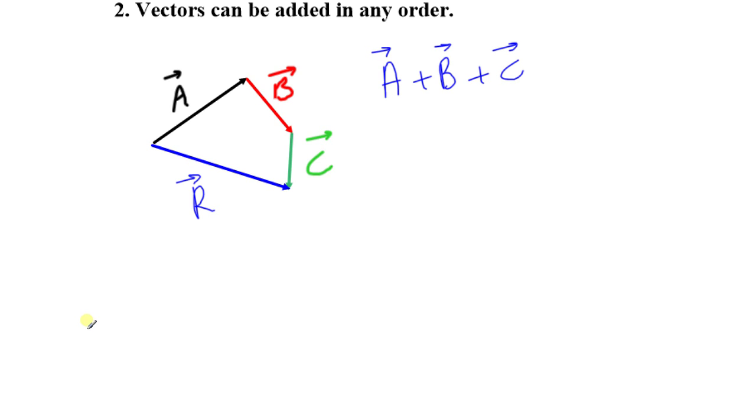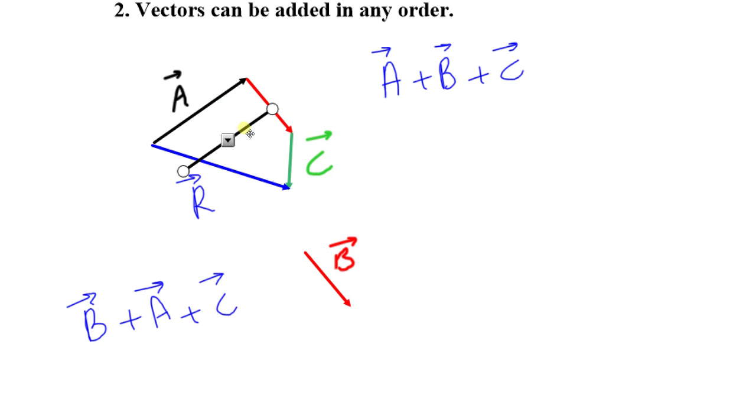Let's say B plus A plus C. Starting with B, this is another B. Then A, again let me clone A, this is A.